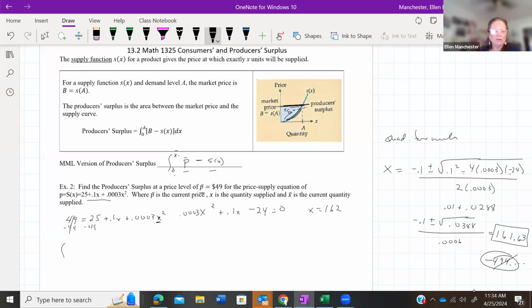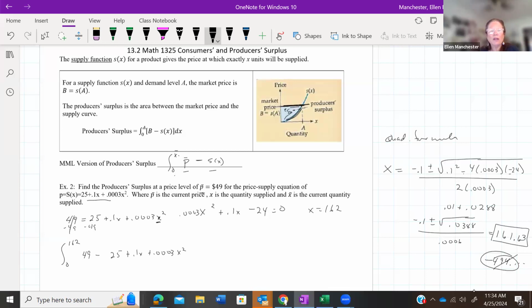So now we can do our area between the curves. So 0 to 162, and we are doing the price, 49, minus the function. And using parentheses is going to be really super important, because if I don't put this parenthesis in here, do you see the difference?